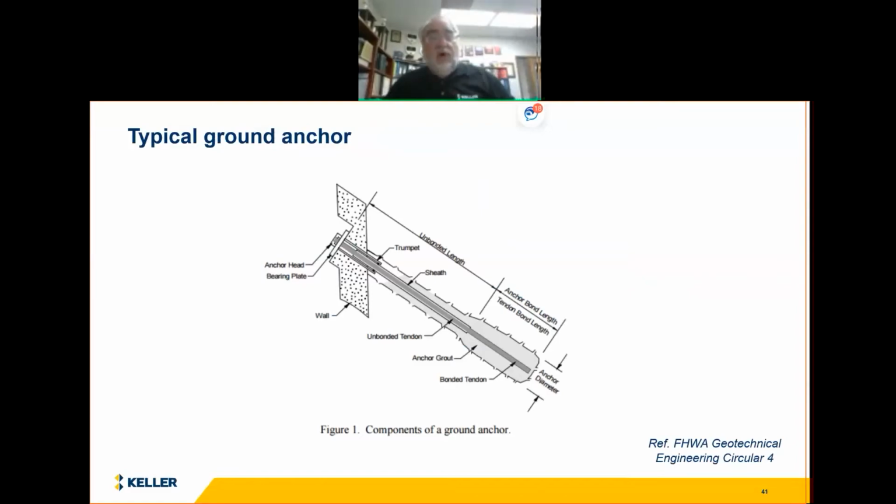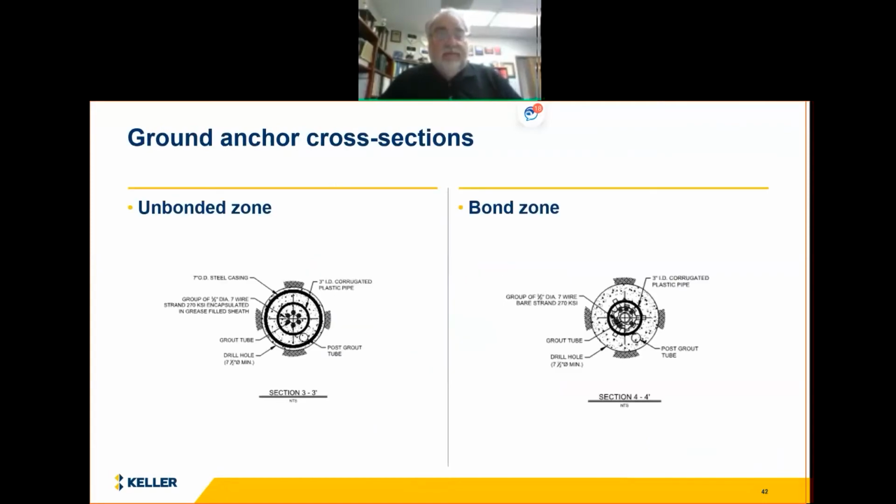Shown on this drawing here, there's an upper unbonded length that has typically a greased and sheathed section that allows us to stress the anchor actively. The lower section is bare strand or bar, and it's all grouted in place, and we test every anchor. This illustration is from the FHWA Geotechnical Circular number 4. If you don't have it, it's available to download from the FHWA website.